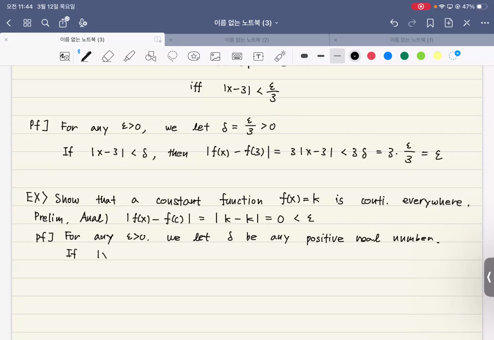If the absolute value of x minus c is less than delta, then f of x minus f of c, which is always equal to 0, satisfies the condition. Okay. So yeah, I know this is very silly. But even though this is so silly, for any epsilon, we were able to find the delta. So the proof is done. Okay.